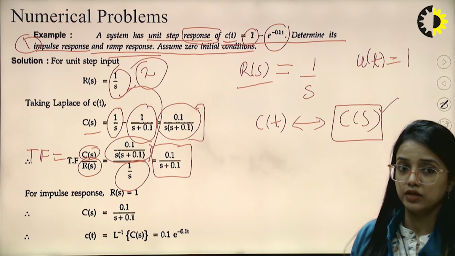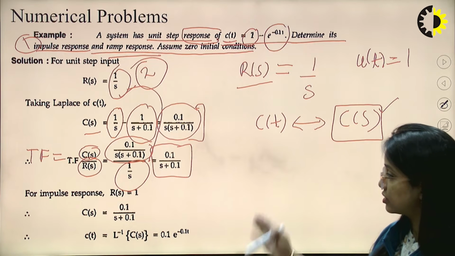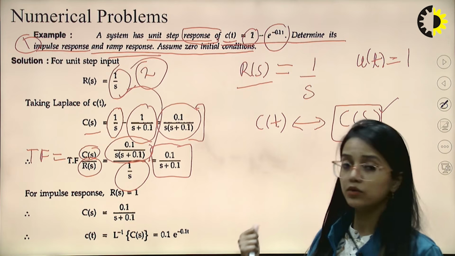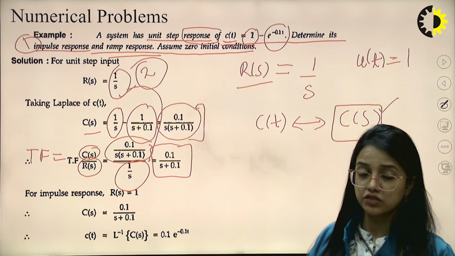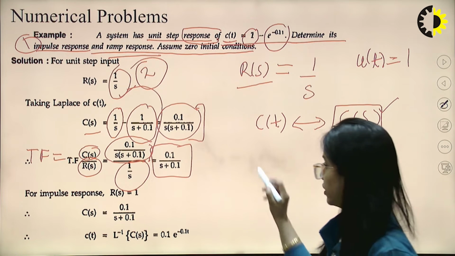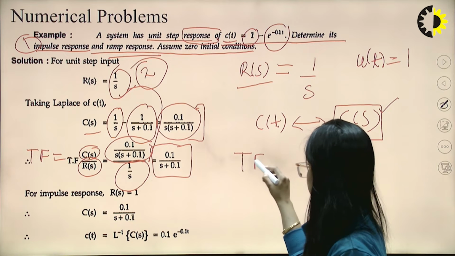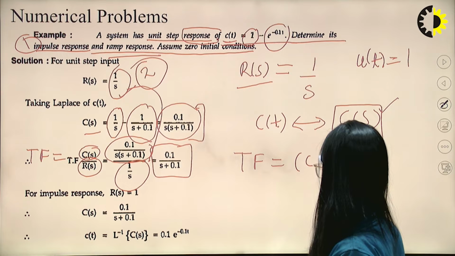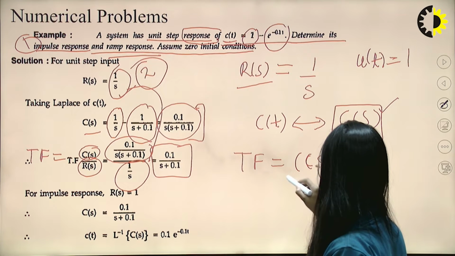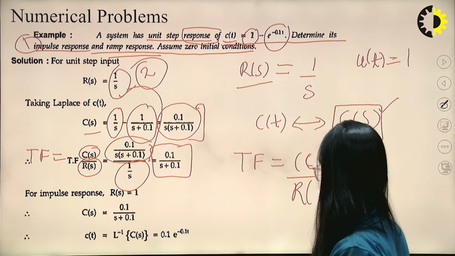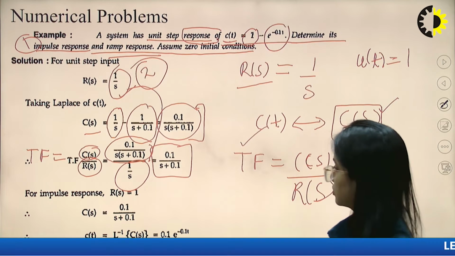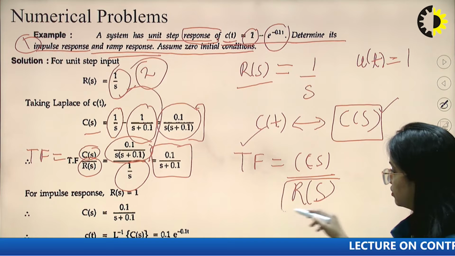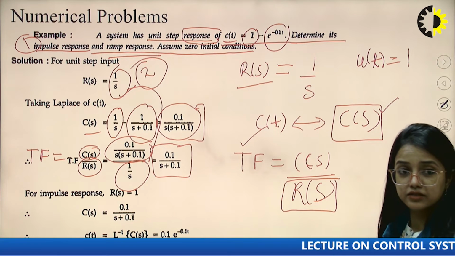Now we see that this is the transfer function, CS by RS. We also have the value of RS.